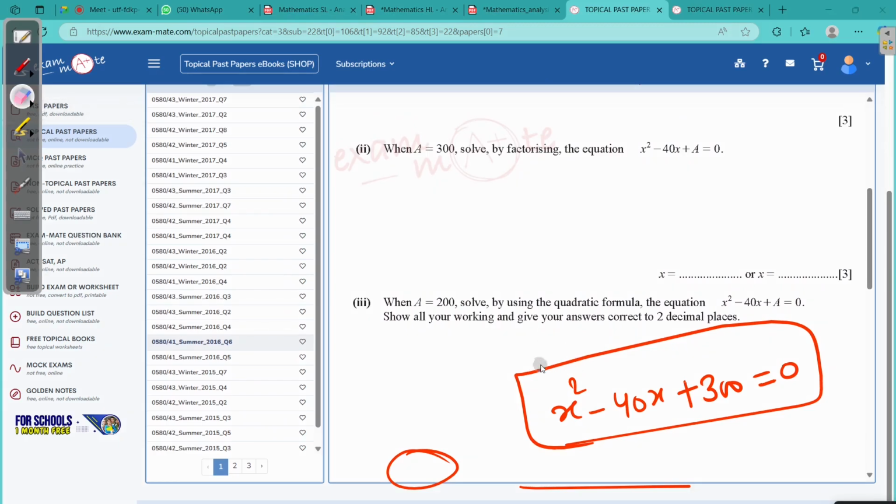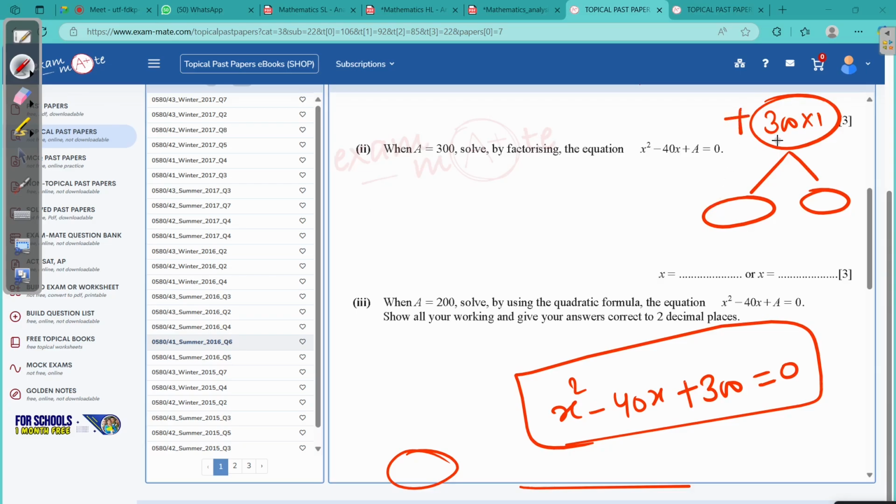You have to multiply 300 by the coefficient of x squared, so it'll again just be 300. So you have to find two factors that multiply to give plus 300, but after addition you should get minus 40.